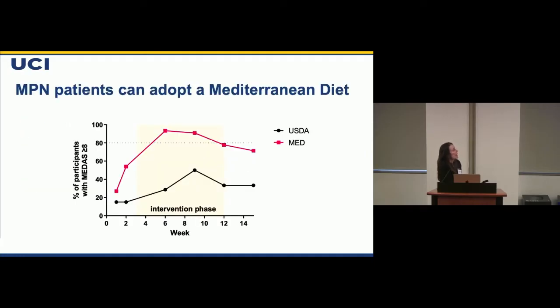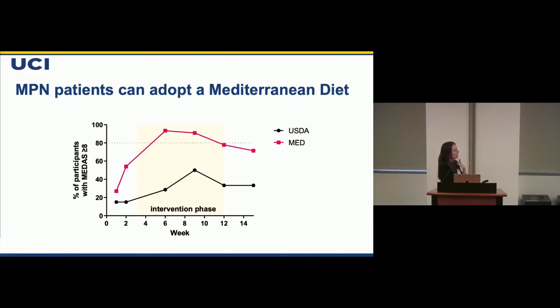There is a 14-point questionnaire called the MEDAS, or the Mediterranean Diet Adherence Score, which is a validated score that tells you how adherent you are to a Mediterranean diet. And a score of 8 or greater is considered to be adherent to a Mediterranean diet.